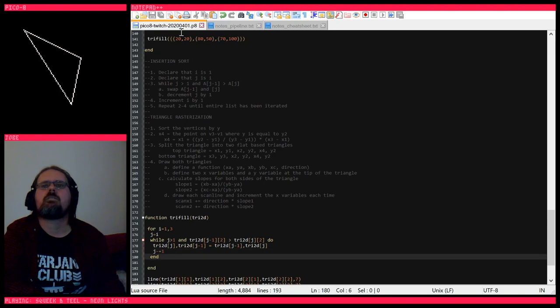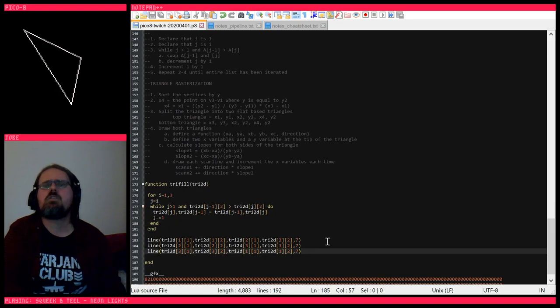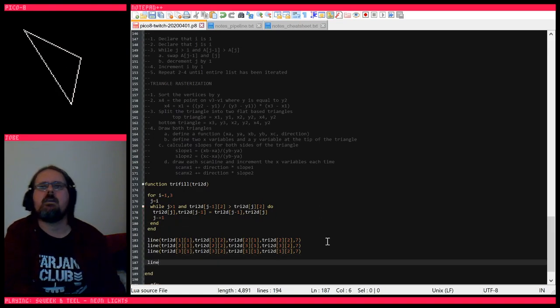And we are doing this until the entire list has been iterated. So now we should know the y value of the middle vertex. Let's see if that is true.